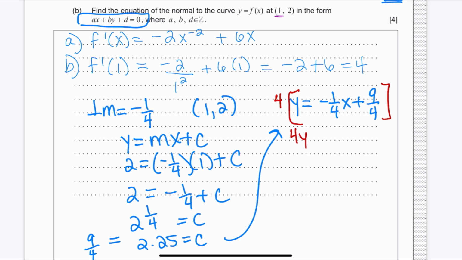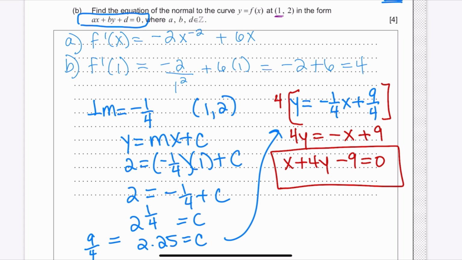So 4y is equal to negative x plus 9, because the 4's would have canceled. And you want to set this equal to 0 so that you have it in the appropriate form. So you have positive x plus 4y minus 9 equals 0. And here, this would have been my final answer for your 4 marks.